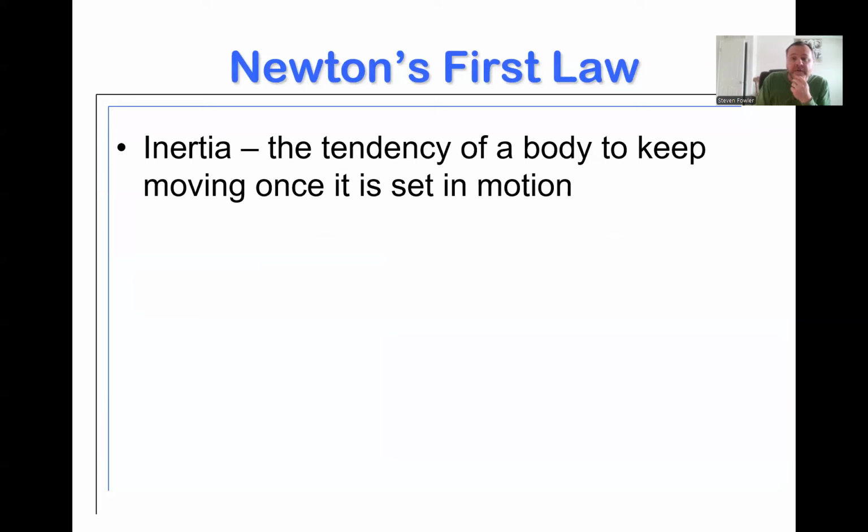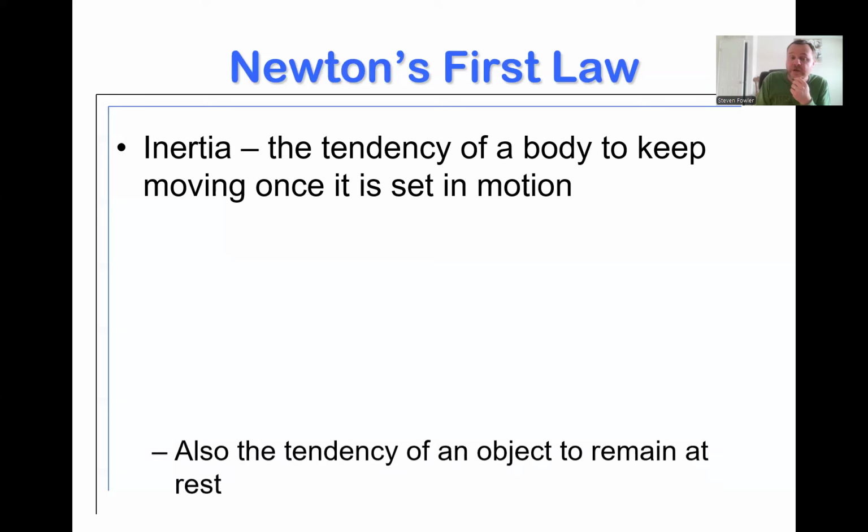Now, let's talk about what resists that change in motion, resists the effect of a force, if you will. That's what we call inertia. Inertia is the natural tendency of an object at rest to stay at rest and an object in motion to stay in motion.